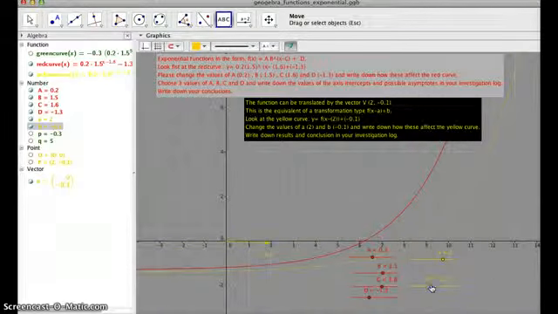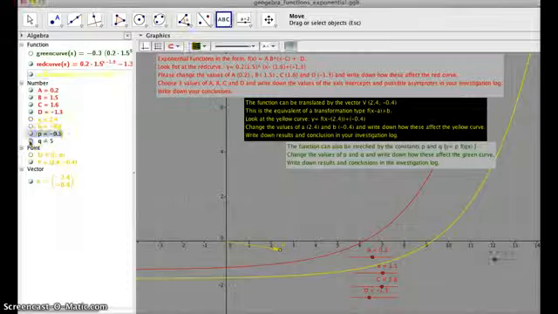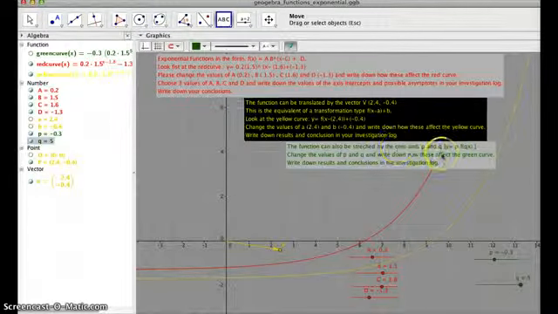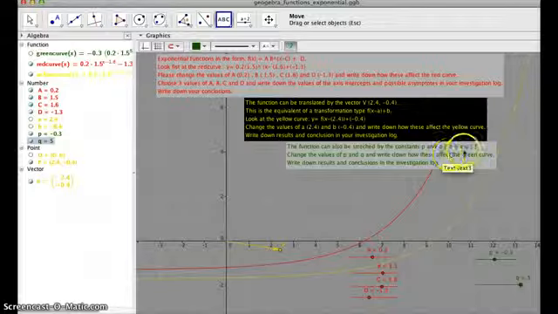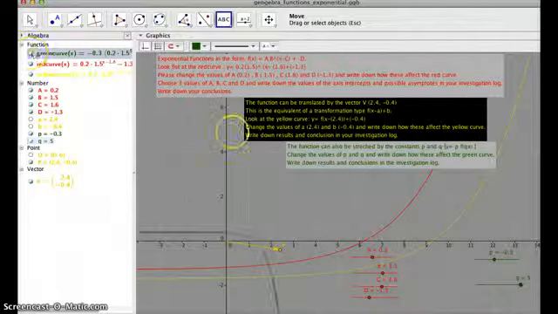You need to do 3 different values of each. Finally, the green part of the investigation, we now have 2 parameters p and q, and they transform the function this way. q is multiplying x, p is multiplying the whole function, and we can see here how this green curve is affected.